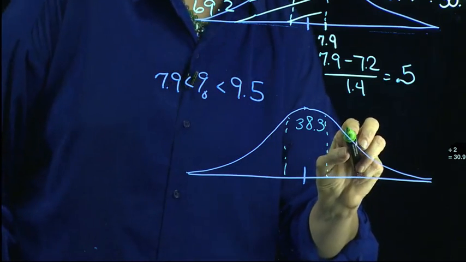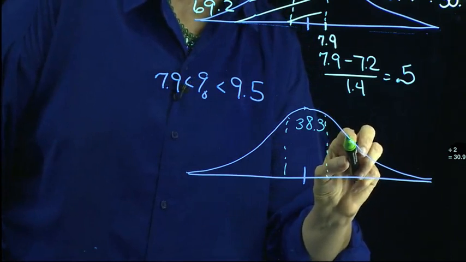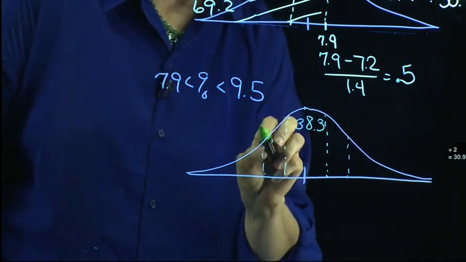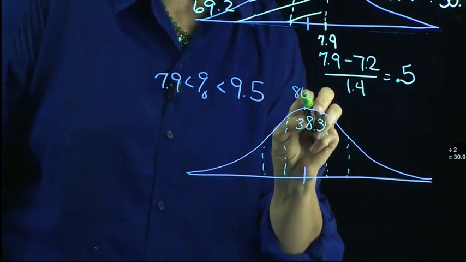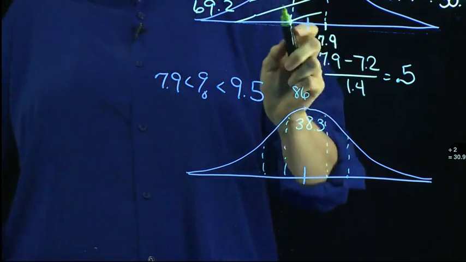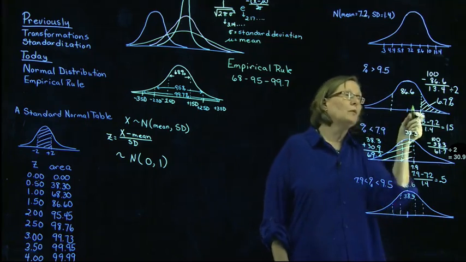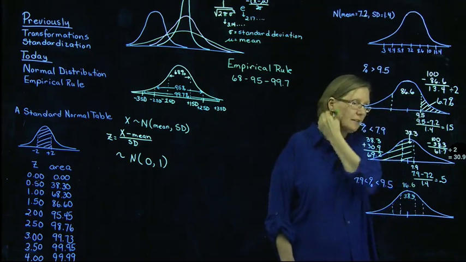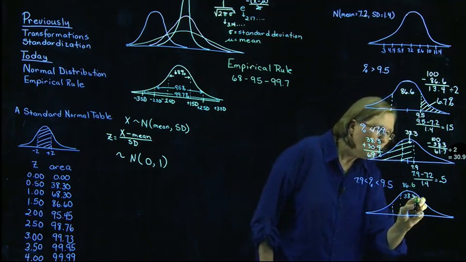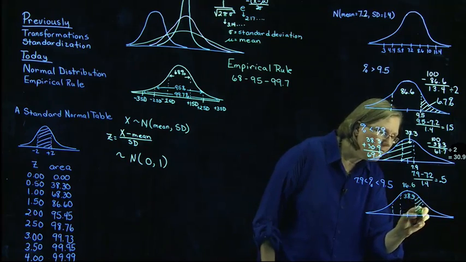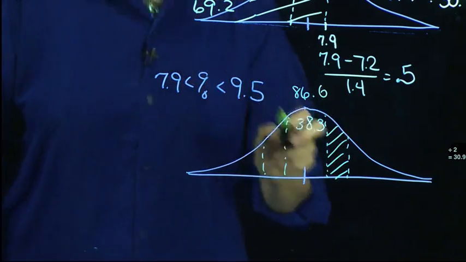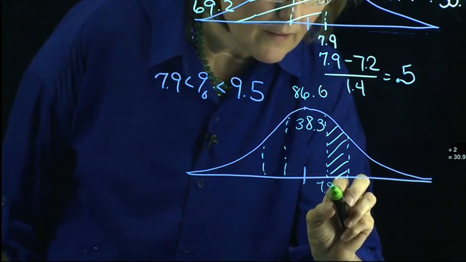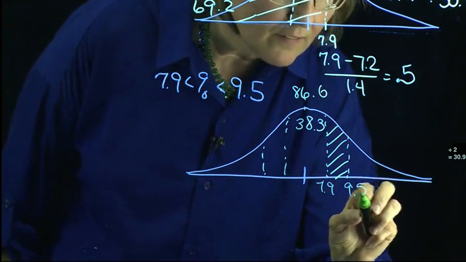We know that 86.6% had within plus or minus 1.5 standard deviations. We want just this area, the difference between 7.9 and 9.5.